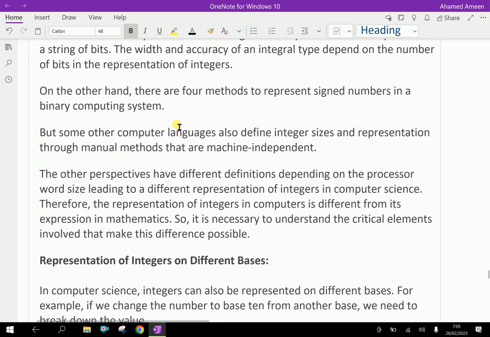On the other hand, there are four methods to represent numbers in a computing system, that is decimal, binary, octal and hexadecimal. But some other computer languages also define integer size and representation through manual methods that are machine independent.